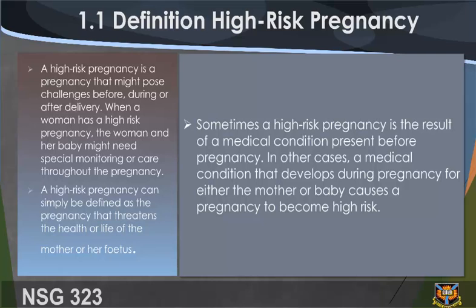A high-risk pregnancy can simply be defined as the pregnancy that threatens the health or life of the mother or her fetus. Sometimes, a high-risk pregnancy is the result of a medical condition present before pregnancy. In other cases, a medical condition that develops during pregnancy for either the mother or baby causes a pregnancy to become high risk.